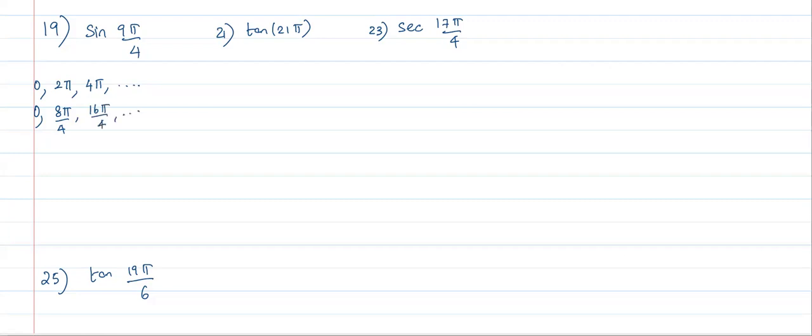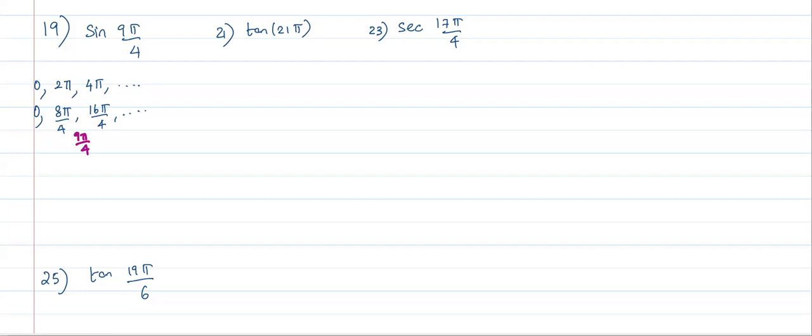Now that makes you see very clearly that 9 pi over 4 is very close to 8 pi over 4. This tells me that I finish one revolution and then I travel pi over 4.